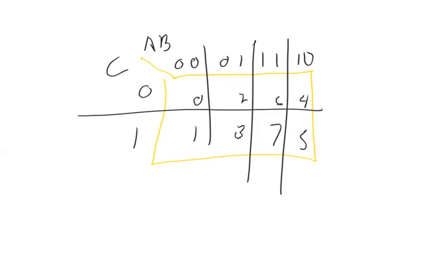I'll change color. The cells are 1, 1, and 1, and all the rest are 0. Now, you tell me, what should I be looping?